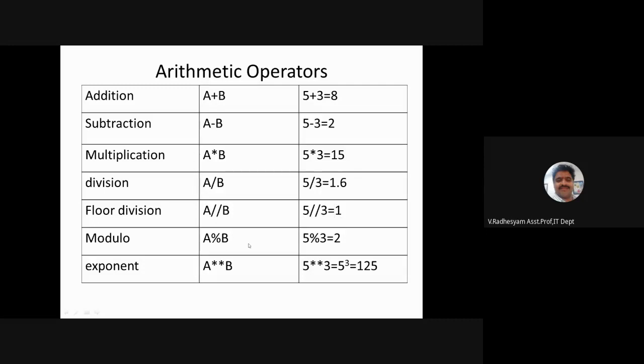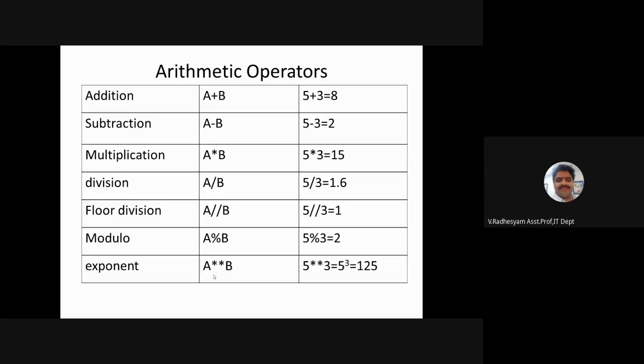Modulo is as usual, like how C programming does. The exponent, I think we have some experience of doing exponent, is a double star, which we did not find in C program. Exclusively it is for Python programming. Double star is used to calculate the exponent value.